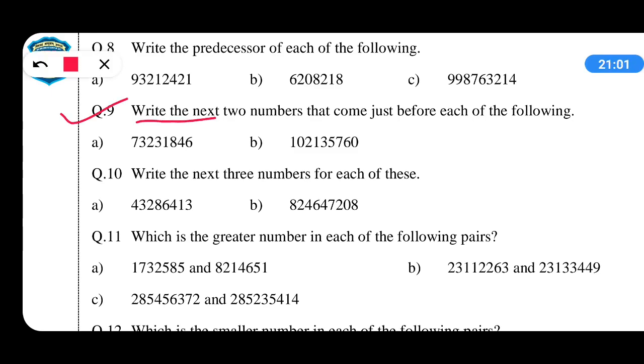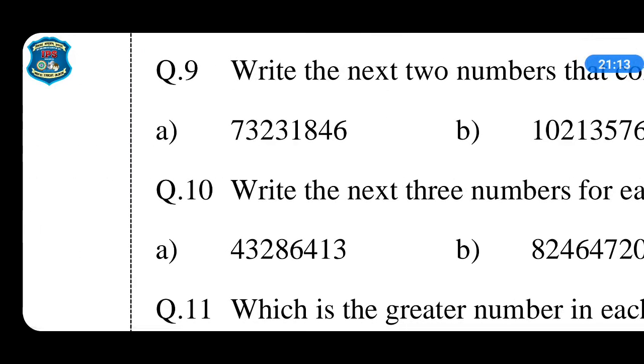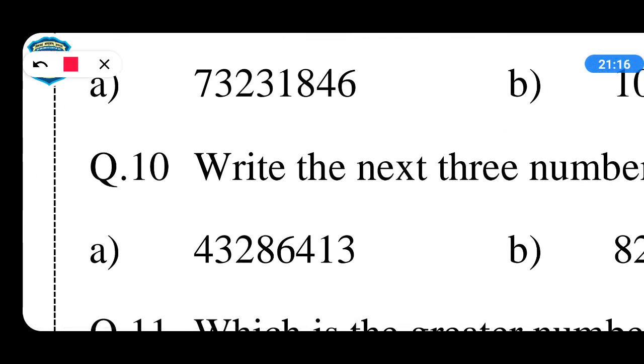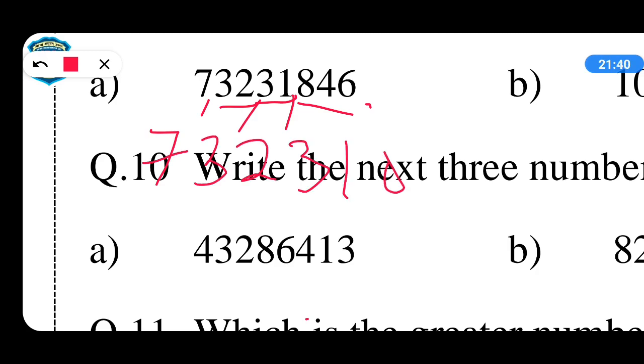Now let us see the question number 9. Write the next 2 numbers that come just before each of the following. So see the number, what number is given here. This is 7 crore 32 lakh 31,846. Just before 46, it is what? 45. So the number just before it is 7 crore 32 lakh 31,845.